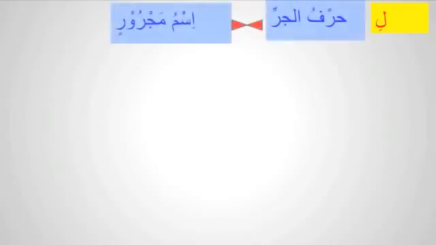Let's do quickly harf jar li. Even with harf jar li, it's the same thing: kasra and dhamma are not compatible. They don't go together, they don't stand next to each other. They are like positive and negative. Whenever one comes, the other goes.